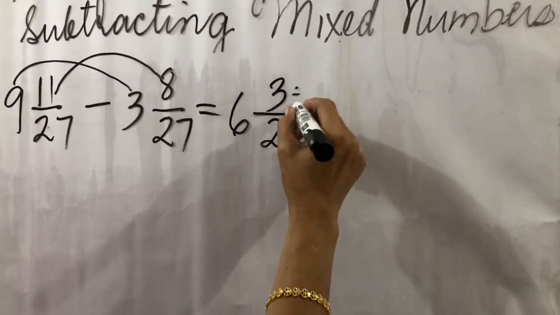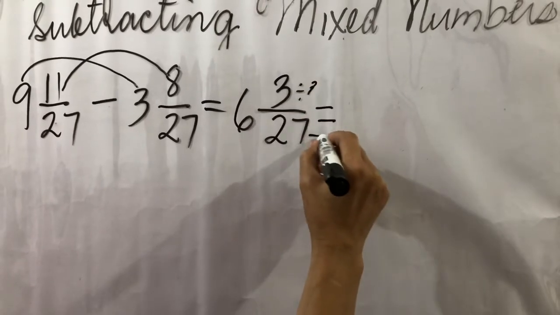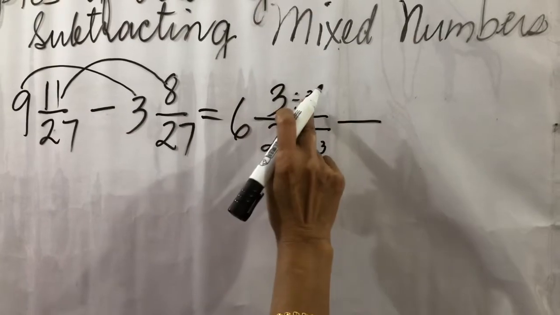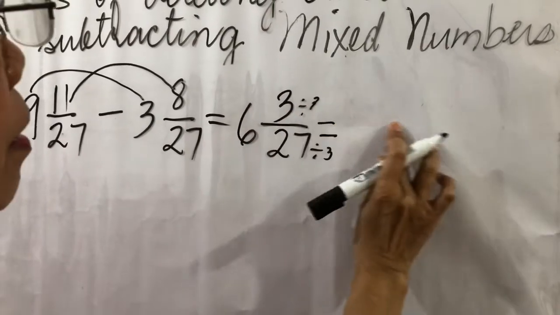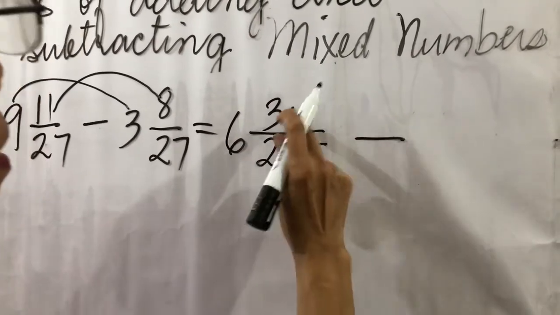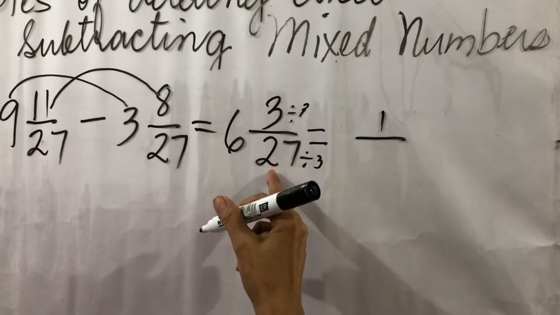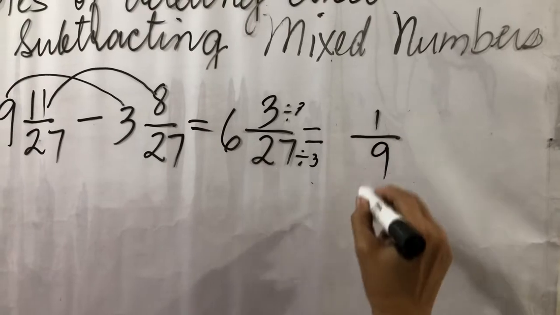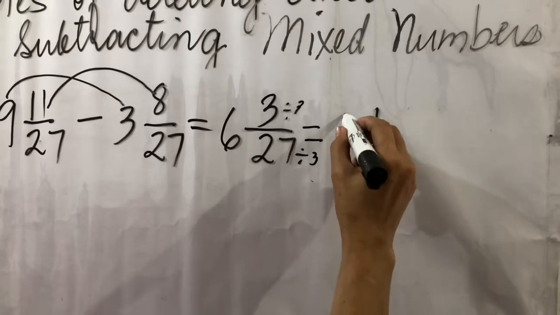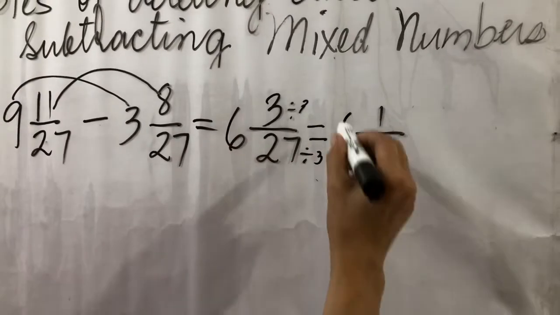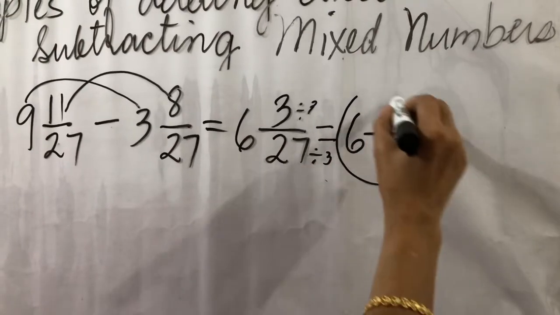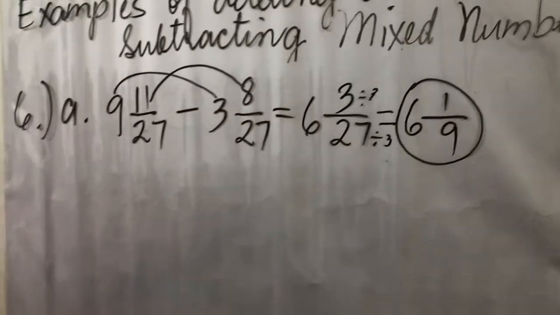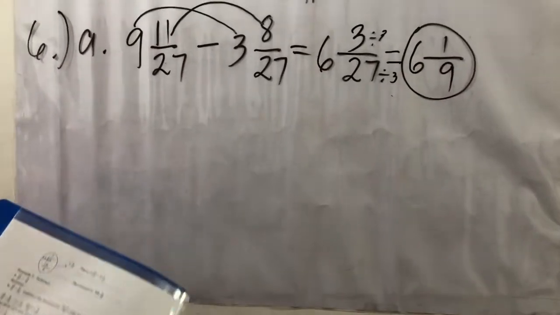You divide this one by 3, and then you divide this one by 3, equal, line, 3 divided by 3 equals 1. 27 divided by 3 equals 9. And then, you write 6 here. So, that is now the answer. 6 and 1/9.